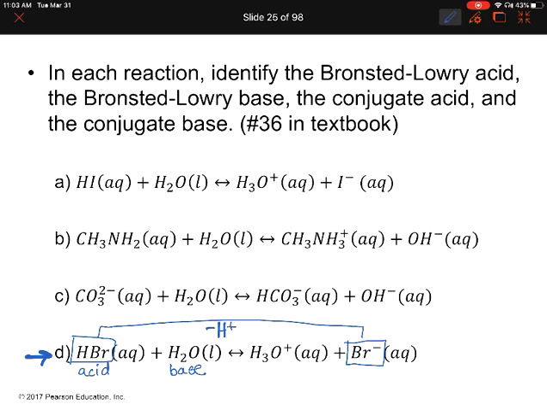And so the product would be the conjugate base. And then water pairs up with the hydronium ion in the products. And in this case, because water is the base, it gains a hydrogen. So the hydronium ion would be the conjugate acid.